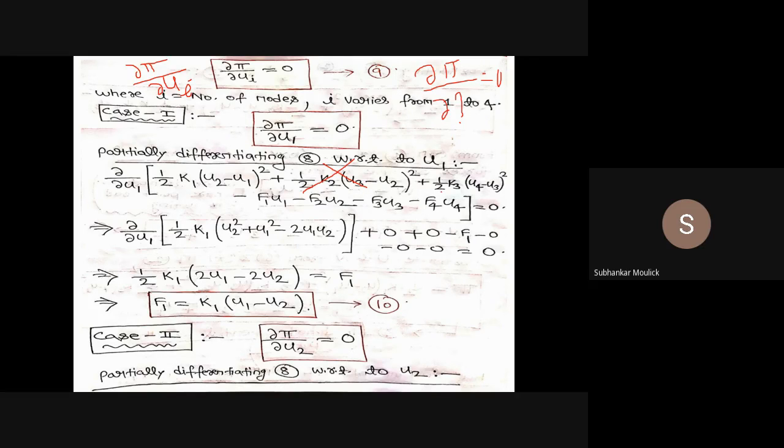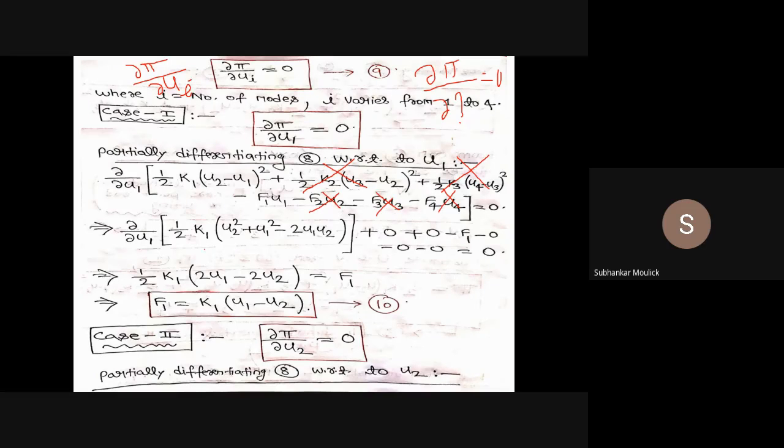And the partial differentiation of the last expression is minus f1 del by del u1 of u1, which is minus f1. So del by del u1 of this quantity, minus f1, is equal to 0.